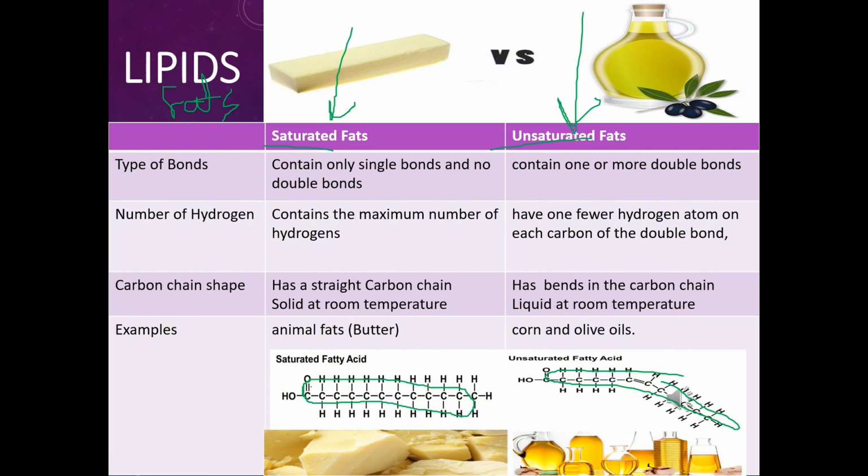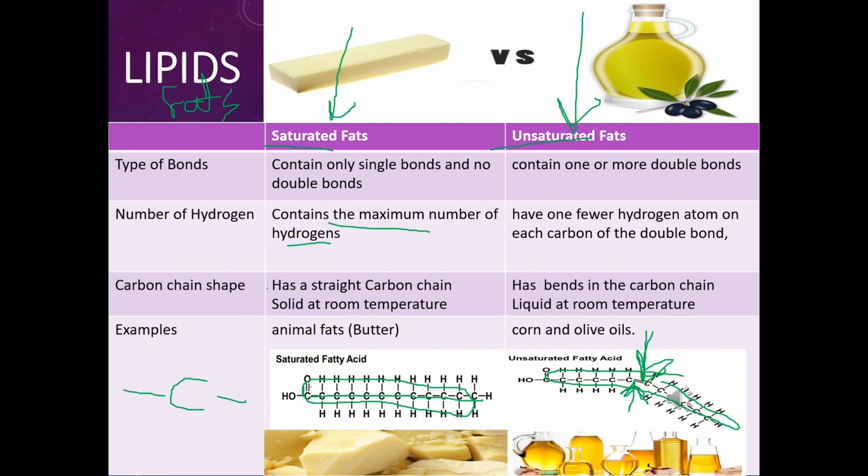Can you notice where it bends? It bends here, when we have a double bond. So this one is straight because all of them are single bonds, and here we have a double bond, so this part bends. This one has the maximum number of hydrogens, because it has single bonds on the two sides.